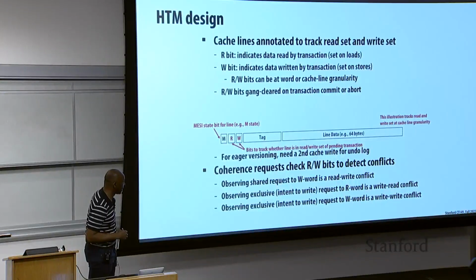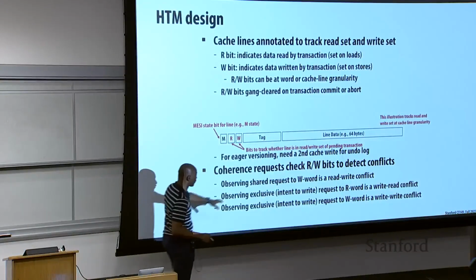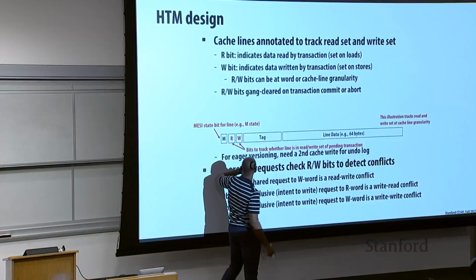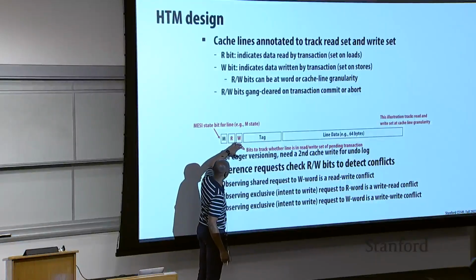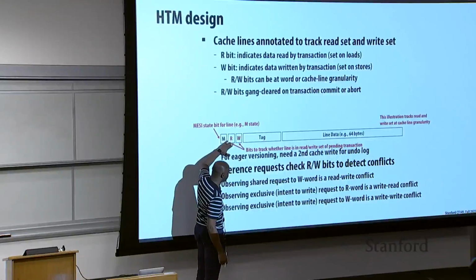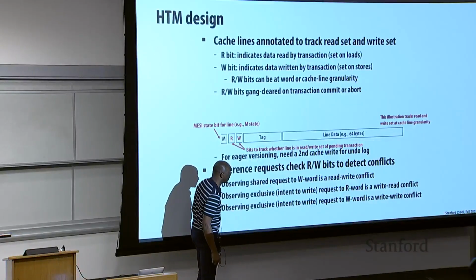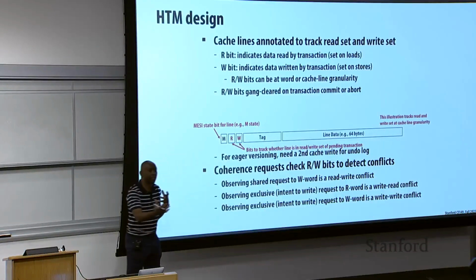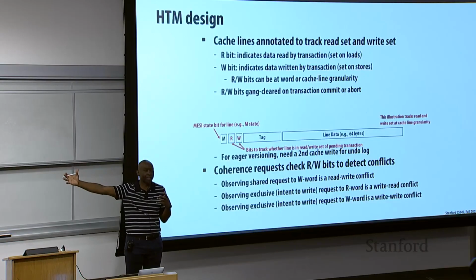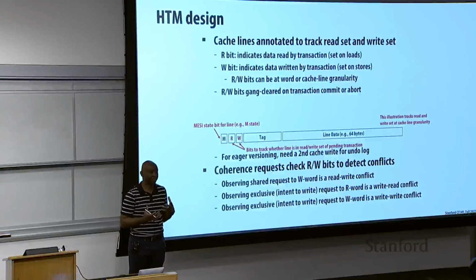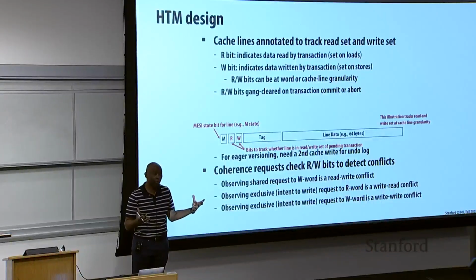If you see an exclusive request to a cache line that has the R bit set, then you know that we have a write-read conflict. You've already read the particular cache line, and some other processor wants to write it. Okay, so that again, of course, is a conflict.